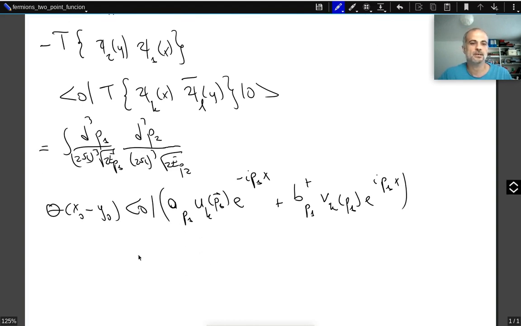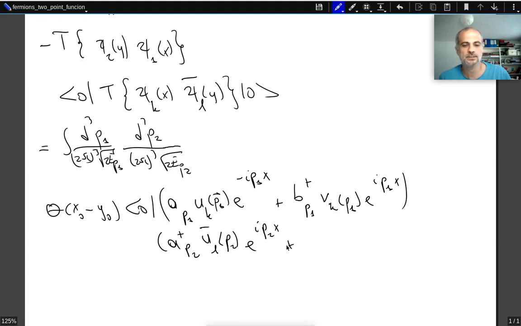And then we have the psi bar. Psi bar will be a dagger of p2, u, we are taking the L component of u bar of p2, e to the power i p2 x, plus b of p2, v, the L component of v bar of p2, e to the power minus i p2 x.